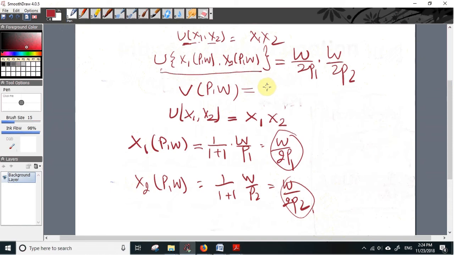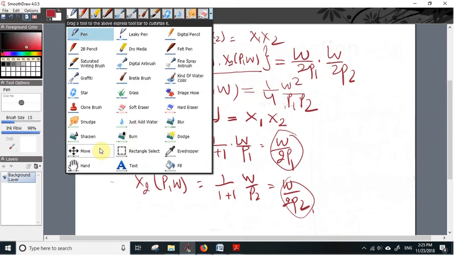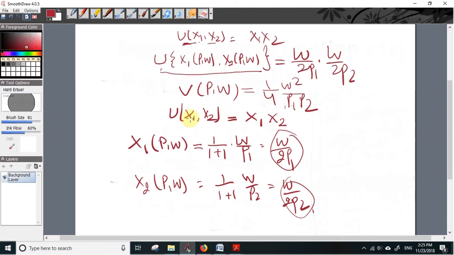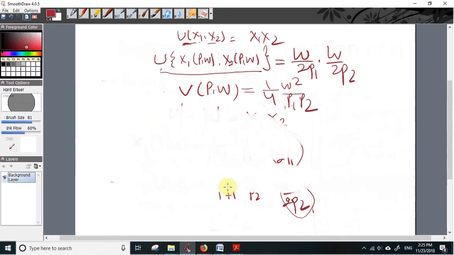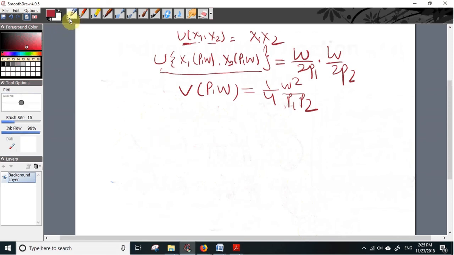So this is 1 over 4 times w square over p1 p2. So this is the indirect utility function in our case, in the case of our Cobb-Douglas type of utility function.